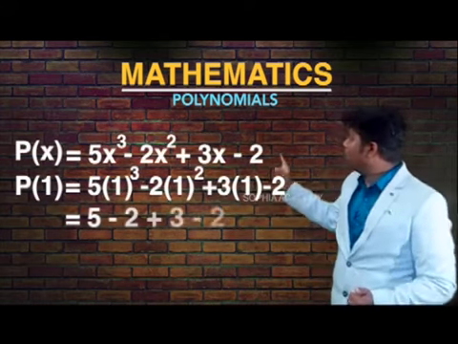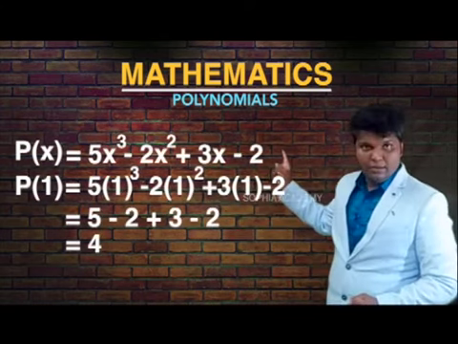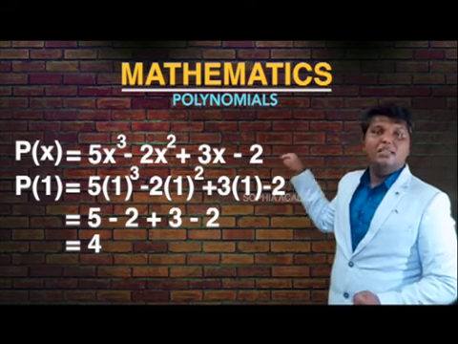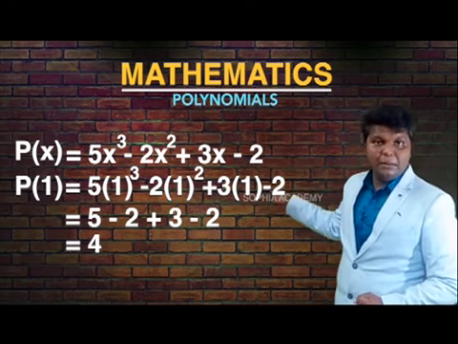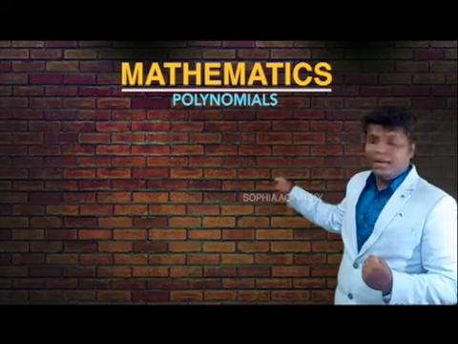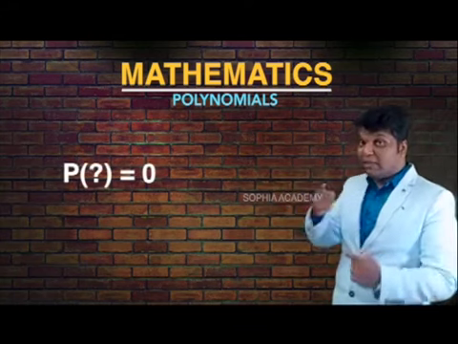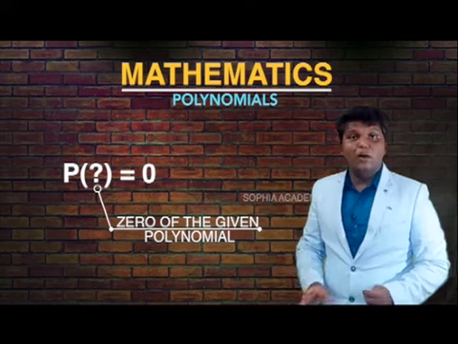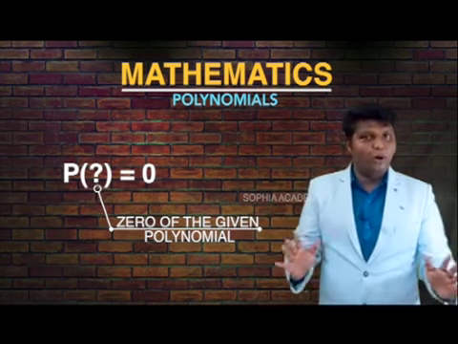Here, when you substituted the value of 1 for x, the result came as 4. So in such a way, if the result came as 0, then that number which you substituted is what we call the zero of the polynomial.